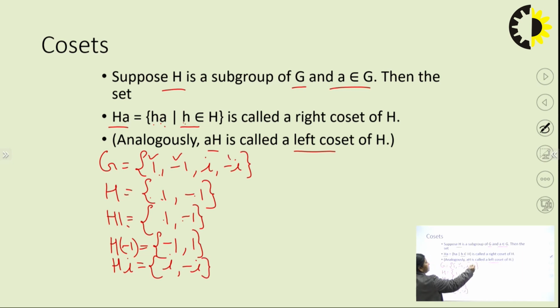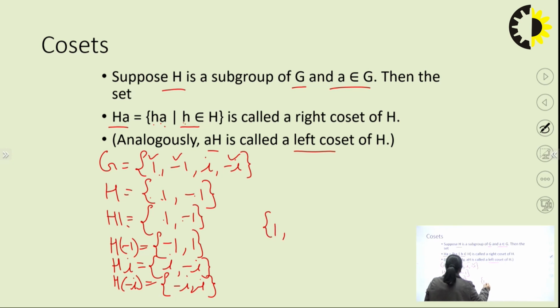In the same way the next element is minus iota. If I take corresponding to minus iota, it will be minus iota, comma, iota. So from here I got two similar cosets and two different cosets. So overall the right cosets for this are 2: 1, minus 1 and iota, minus iota. So these are the right cosets.